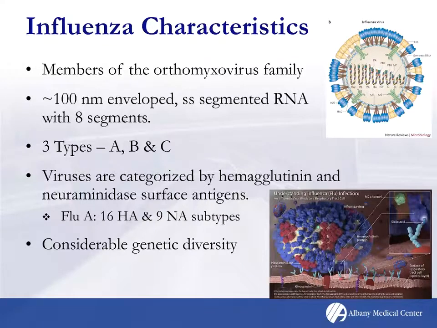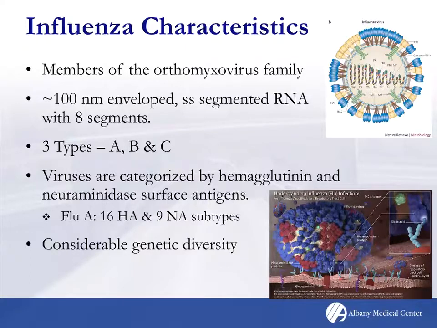Okay, so quick review. Influenza, I'm going to go through some of these slides kind of quickly in the beginning, just in interest of time. But influenza is an orthomyxovirus, 100 nanometer envelope virus, and it's segmented single-stranded RNA with 8 separate segments.